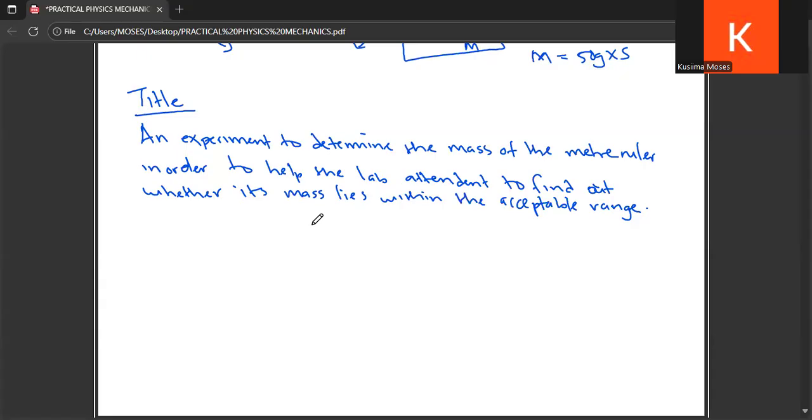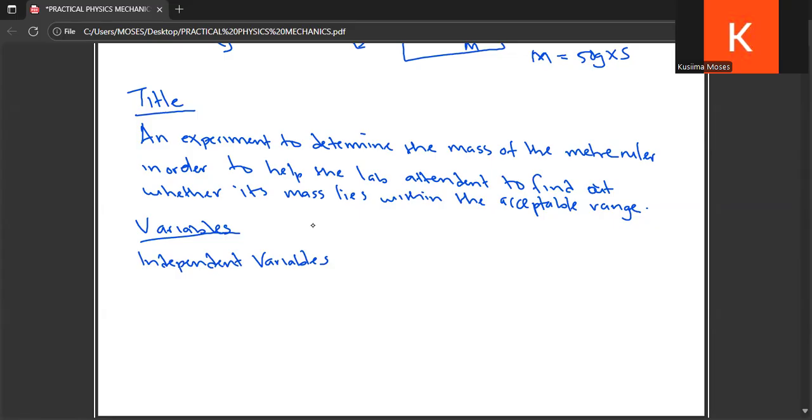Now, what follows are the variables. So we come to variables. Under variables, we have independent variables. An independent variable is a variable that you have to be changing in order to come up with the dependent variable.